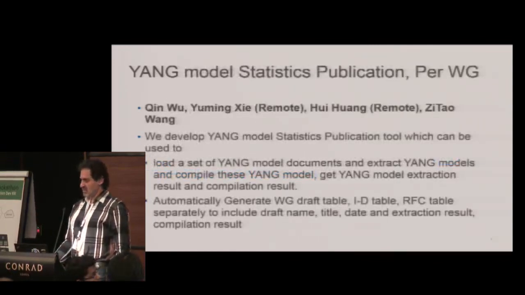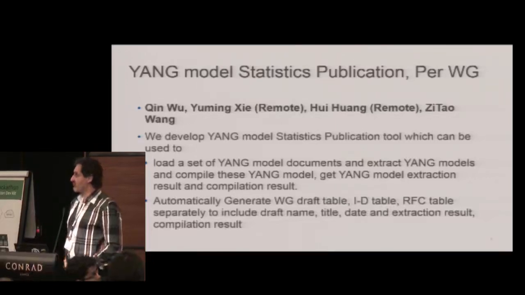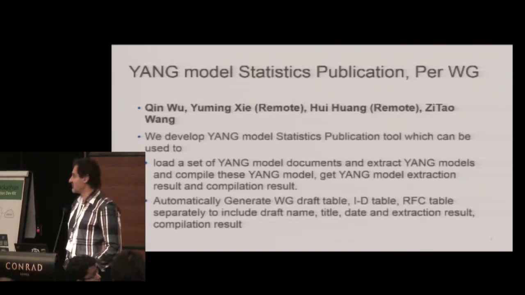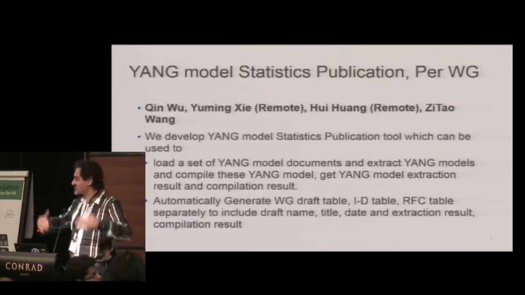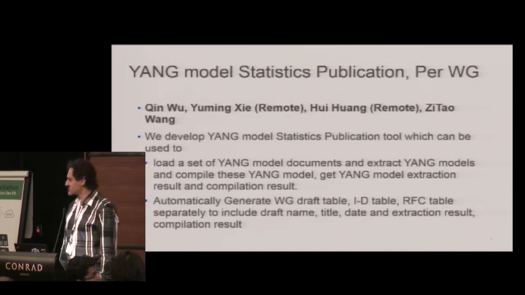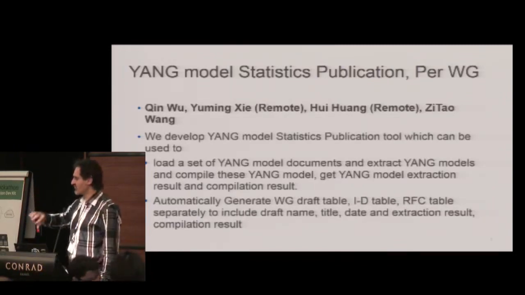All right. A team of 4 led by Chin has also been working on publication of these statistics. The added value there is per working group, and now we could have the same type of functionality added to the tracker. So directly we could see all the tools that we have for a specific working group and the dependencies.